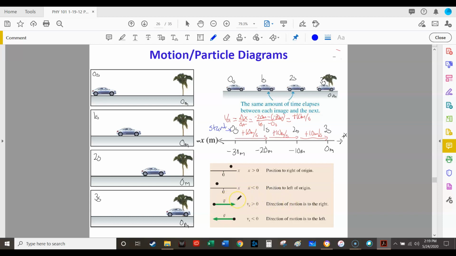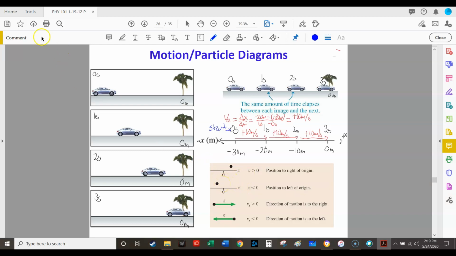Vectors pointing to the right will have a velocity greater than 0, meaning a positive velocity. Velocities that are less than 0 will be pointed to the left. We're assuming that on our number line, to the right is positive and to the left is negative, or up is positive and down is negative in the Y direction.